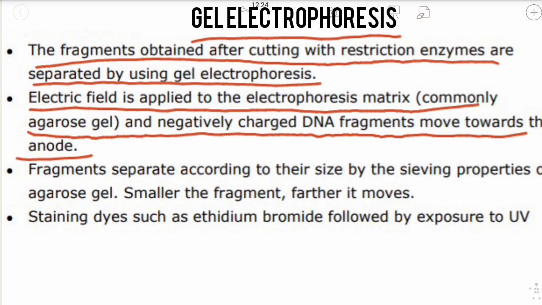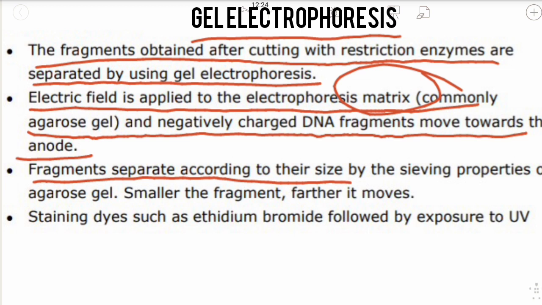The electrophoresis matrix is the agarose gel, which is mainly extracted from seaweed. So when the electric field is applied, the negatively charged DNA fragments move towards the anode, which is positively charged.